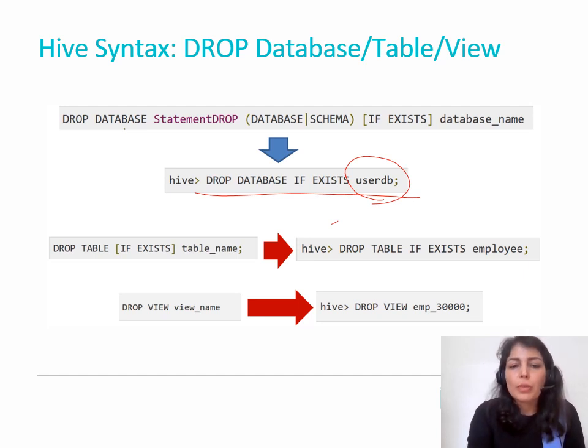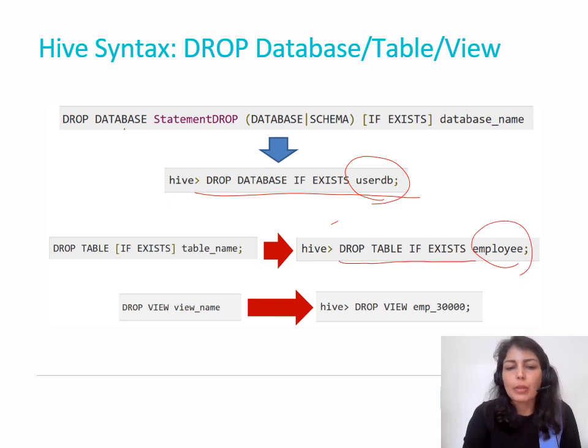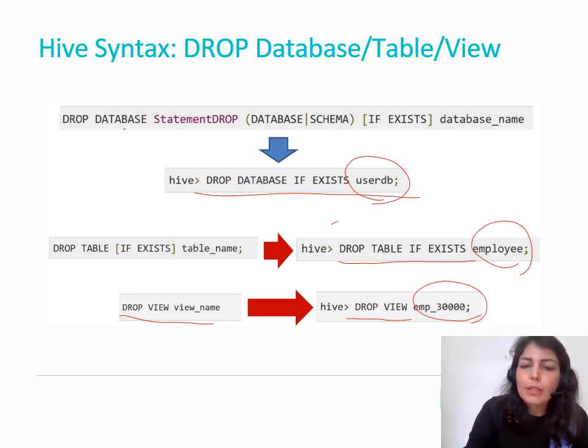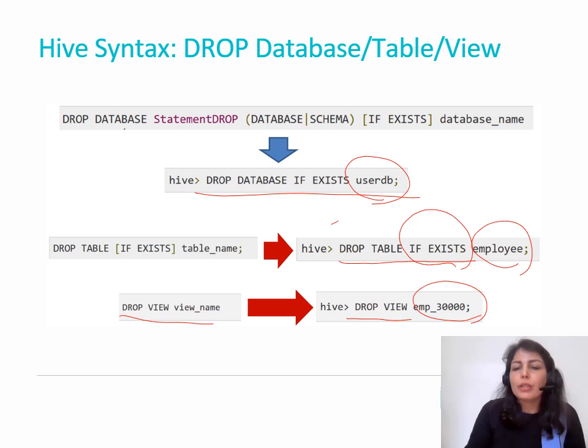If you want to drop a table, just write drop table if exists and the name of your table. If you want to drop a view, just drop view and the name of the view. This if exists is optional. You can write it or you can just leave it, ignore it.